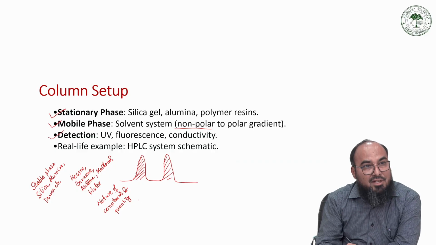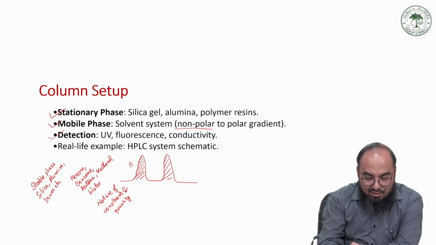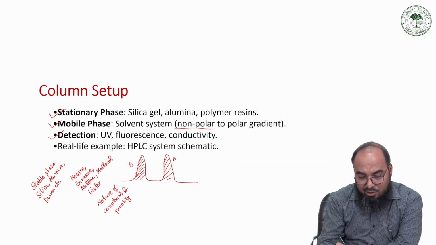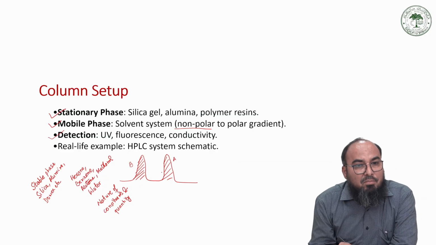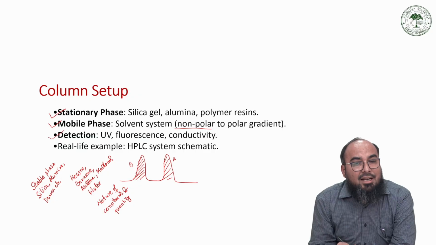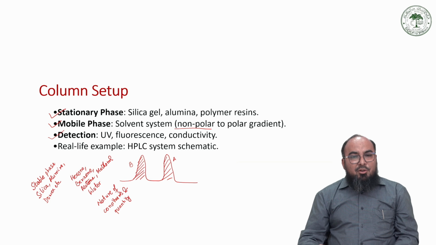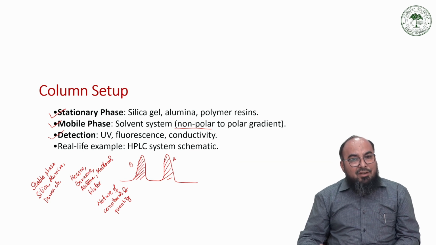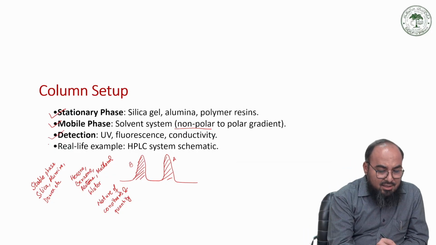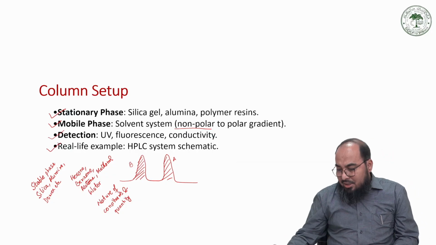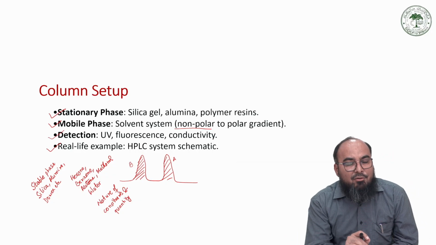If you remember in our previous slide, B eluted and then A eluted, and this elution pattern tells us how strong an interaction the different components have with the stationary phase. We are going to explore this when we take some real life examples, for example the high pressure liquid chromatography system. So this is how we carry out our setup.